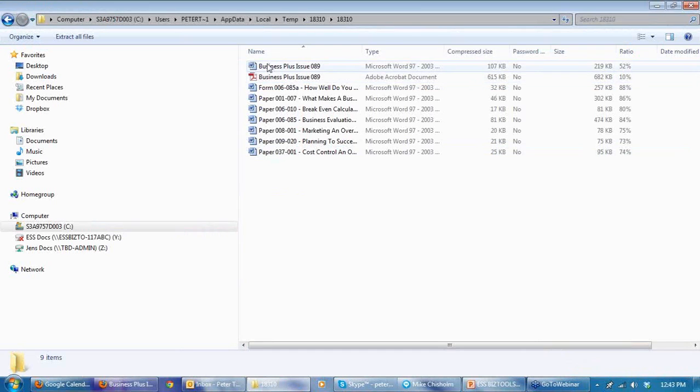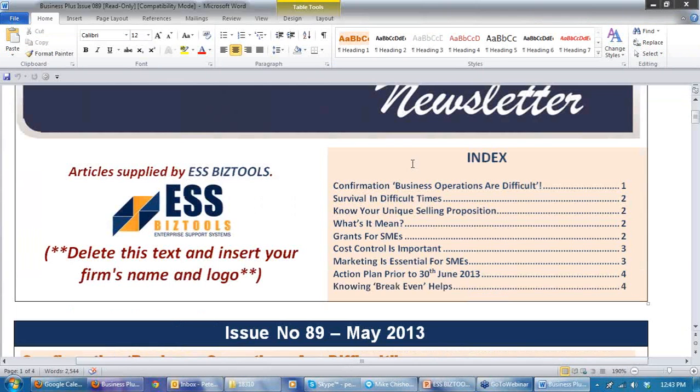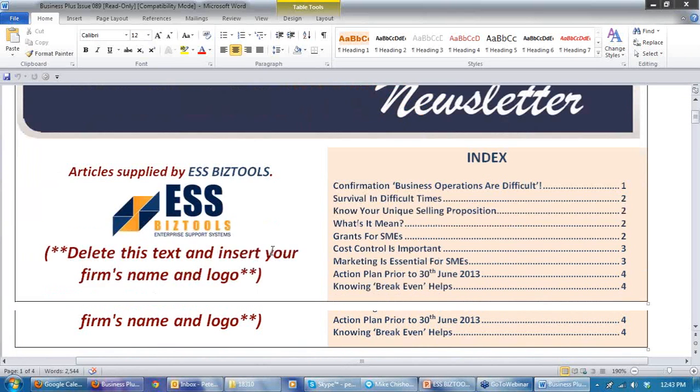So we've downloaded Business Plus. It was issue number 89. So we've been producing these for some time now, as you can see, coming up to the end of the 7th year. You remove the articles supplied by and place your own information, your own logo and name there.